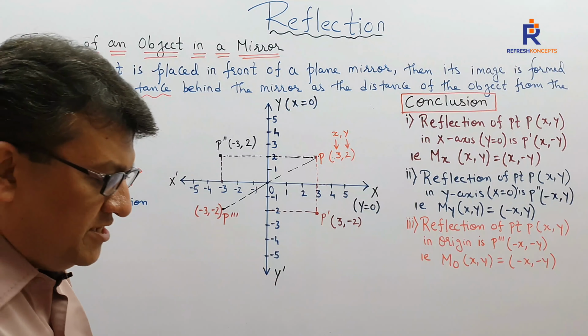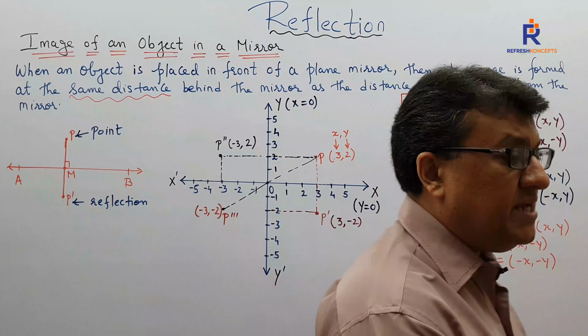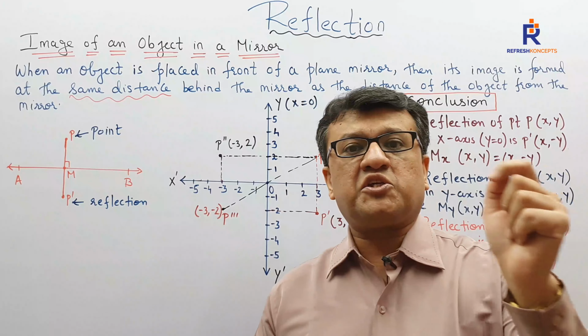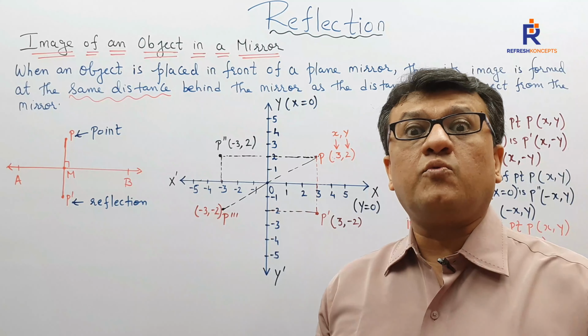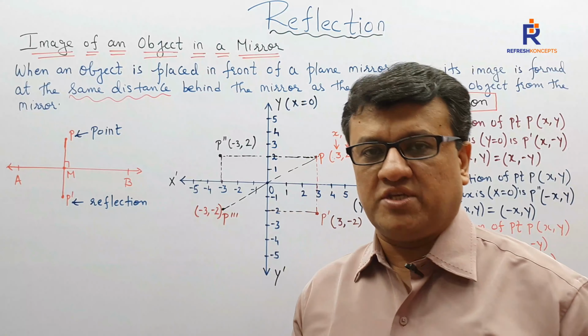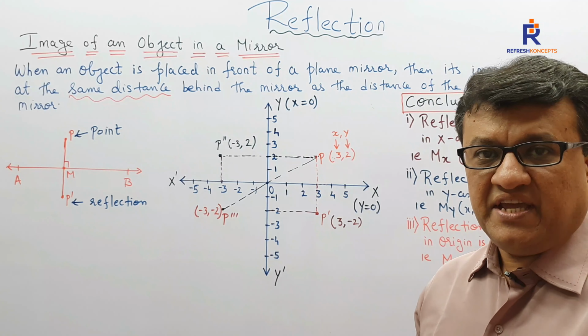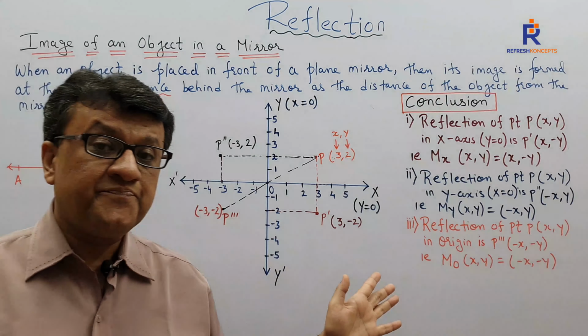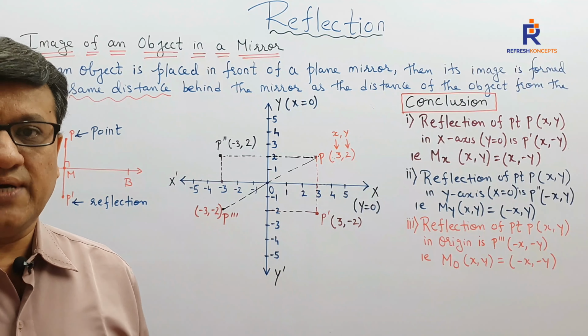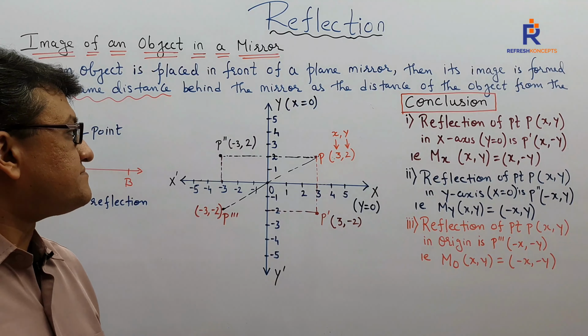Now why do we need to learn this? Because many a time, many boards, instead of saying reflection along x-axis, might say y equals 0. Instead of saying reflection along y-axis, they might say reflection along x equals 0. So we should know, if they say y equals 0, they are trying to say x-axis, and if they say x equals 0, they are trying to say y-axis. Please keep this in mind.